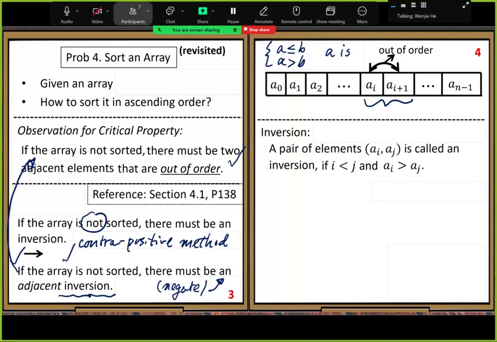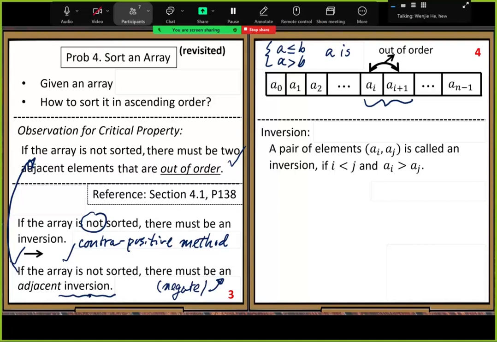All right. Then, summary of this discussion. Here we discovered this critical property. Why is it useful? We will apply this property to solve the sorting problem soon.